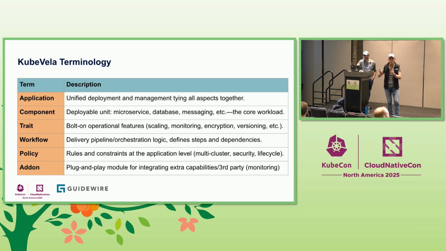So all of that you specify in this place and you can override. This is where the policies come from, where you are describing rules at the application level. The workflow is how you're orchestrating that. And the add-on is how you are installing third parties. I think I spoke enough now. I will go a little bit to a demo.